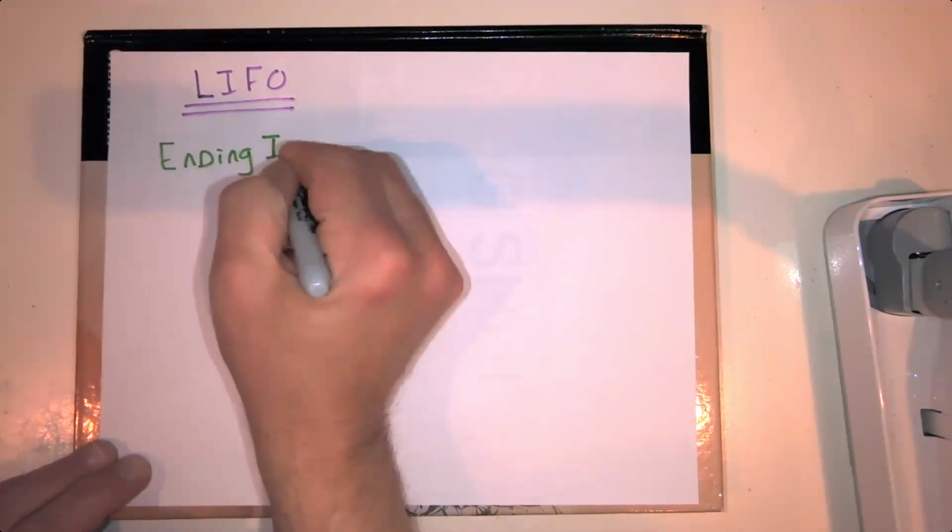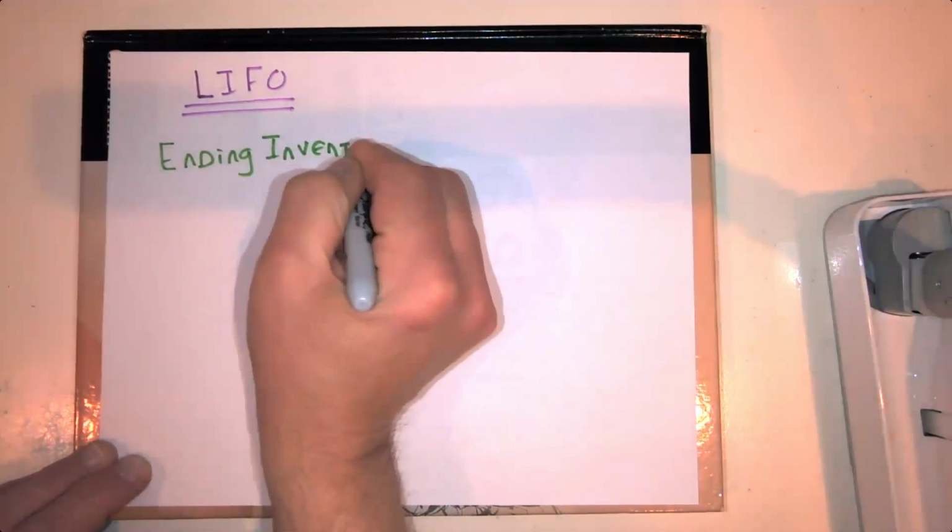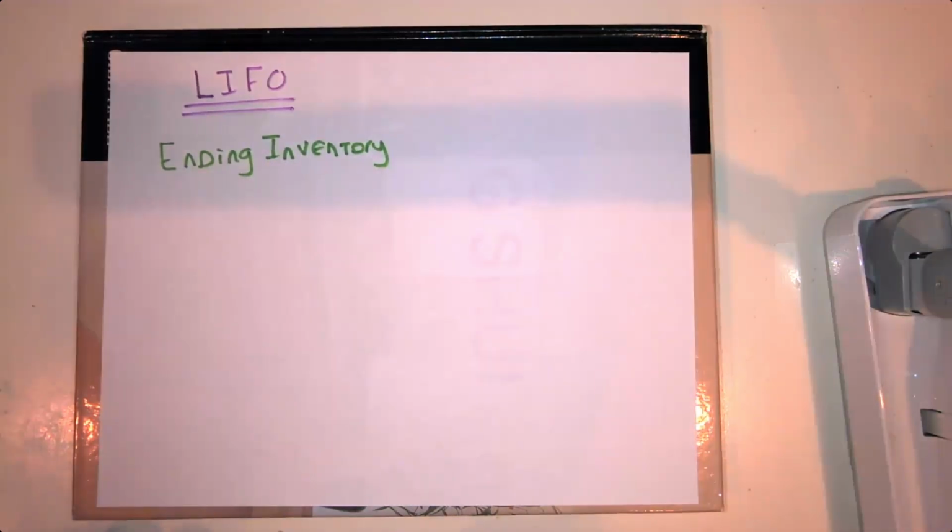My question, Connor, is this: how many units would we need to account for in ending inventory? How many units make up our ending inventory? Connor, your microphone's muted again. If you unmute it, just tell me how many units we have to deal with.